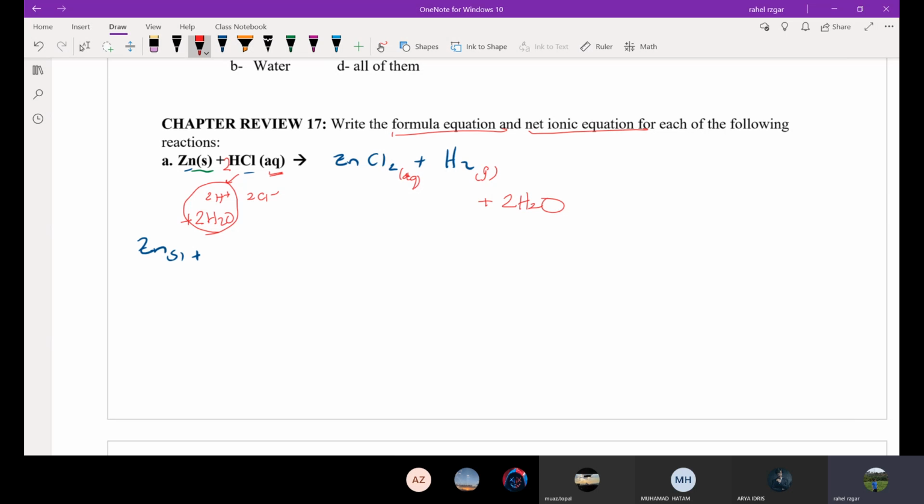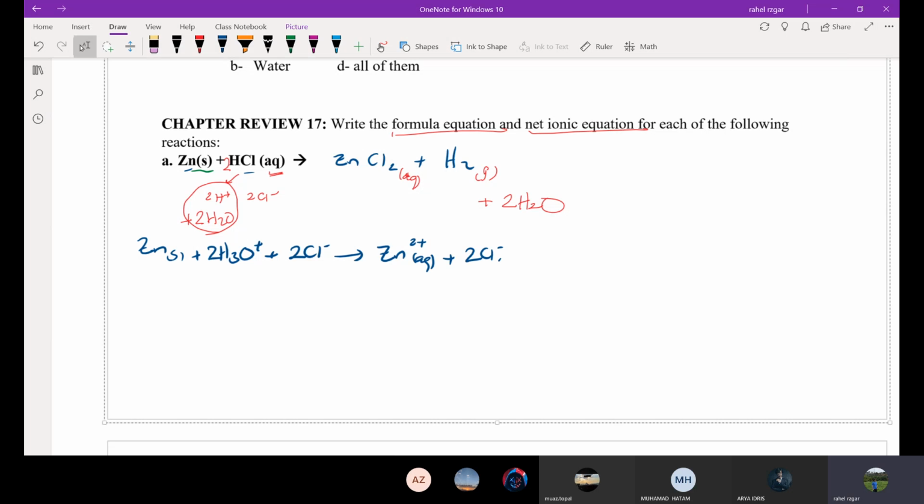So now zinc as a solid will react with 2 H3O+ and 2 Cl-, to give zinc 2+, it's aqueous, 2 Cl- separated, plus hydrogen gas.